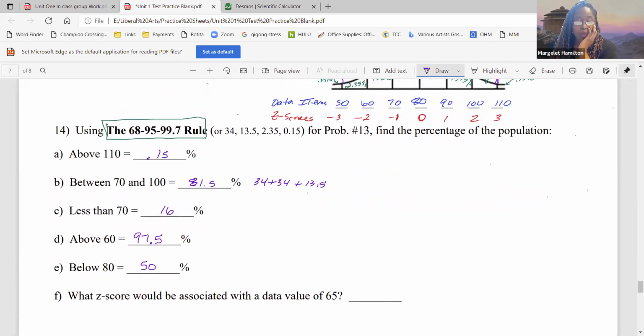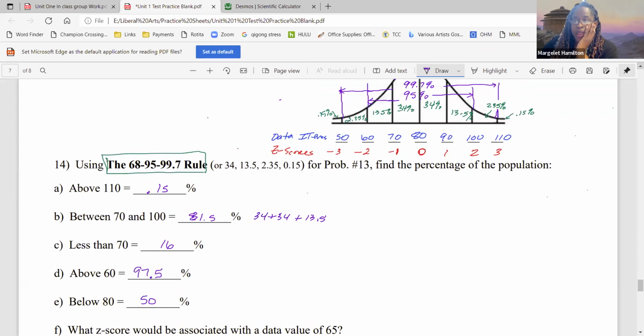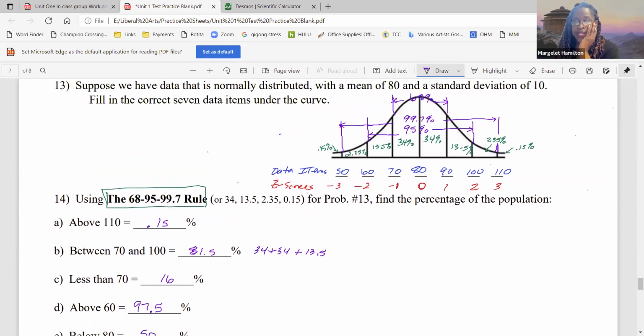All right. Now, what is the z-score? What z-score would be associated with the data value of 65? Look at your graph. What do you think? Negative 1.5.